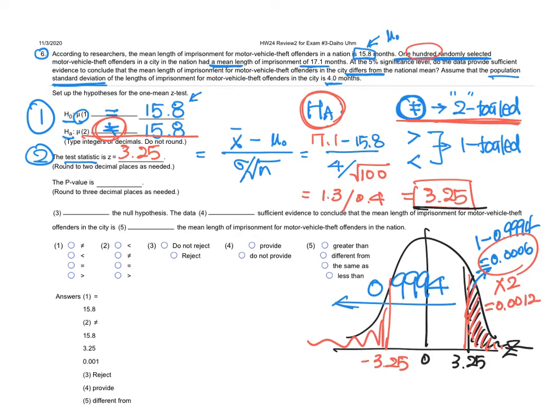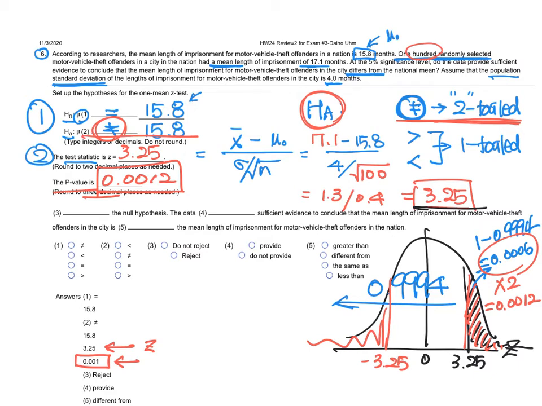That is the p-value. It asks for 3 decimal places, so the answer is the test statistic, the z-score, and the p-value 0.001.